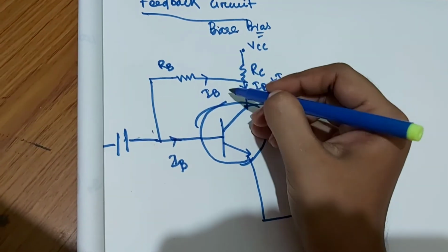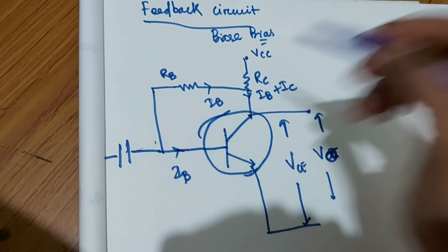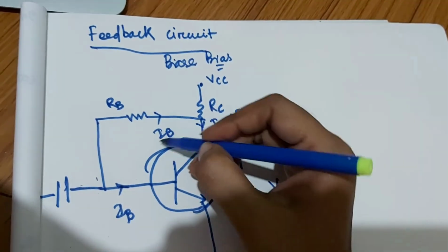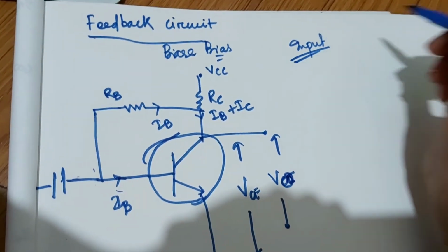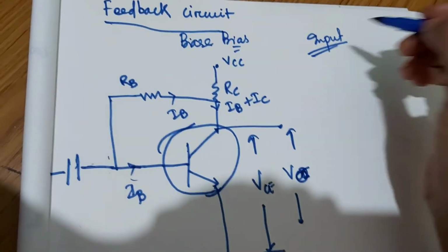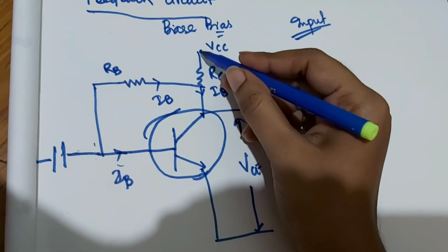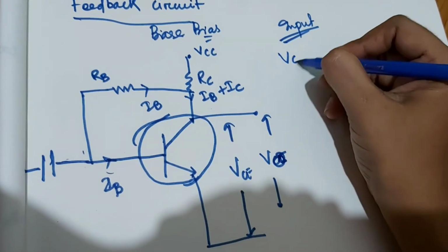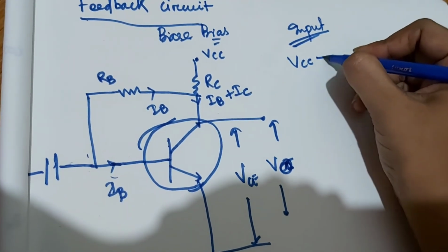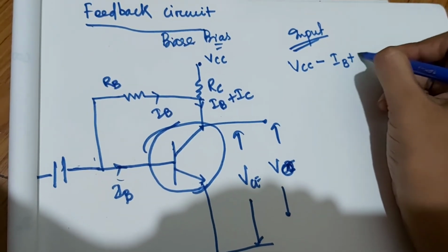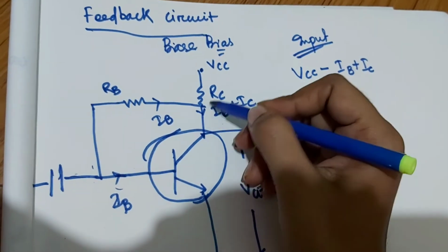If I use the KVL law on the input side, this is VCC, in this direction. VCC minus (IB plus IC), because now there are two types of current.